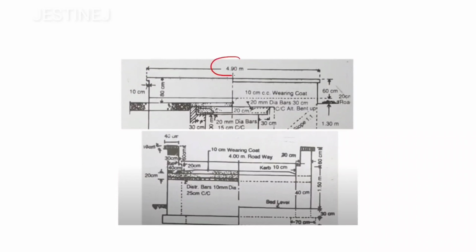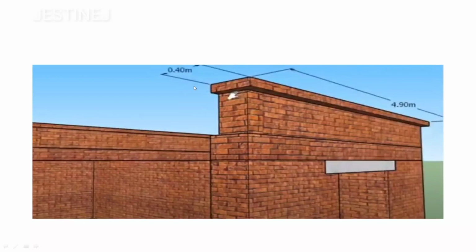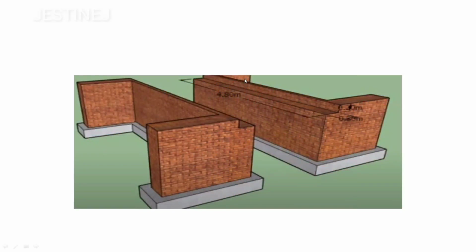If you observe the coping portion, it is projecting outside. When you compare with this one, it is projecting outside, so you will get this value 4.9, and this 0.4 likewise, and this height is going to be 10 centimeter, clearly mentioned in the diagram.